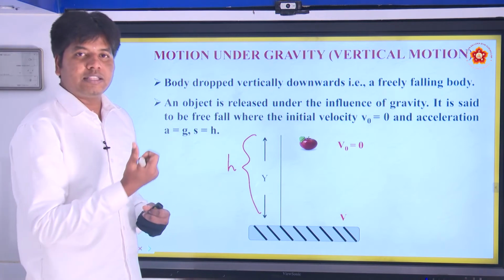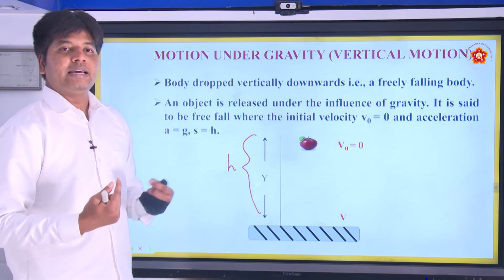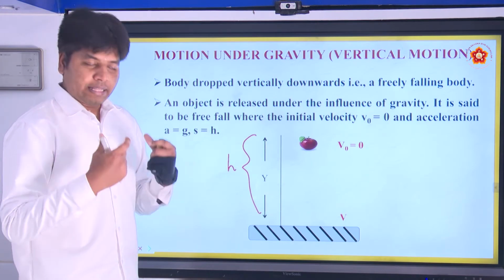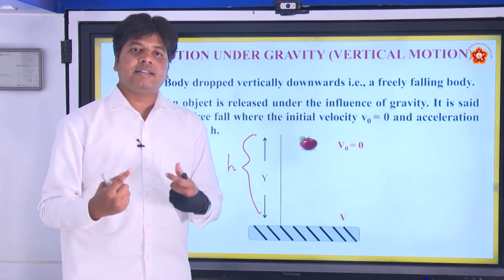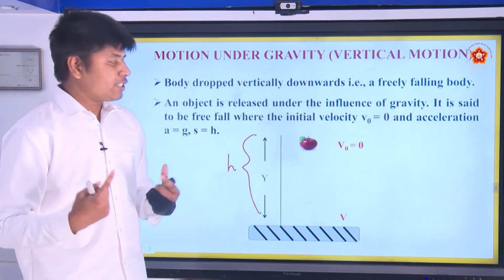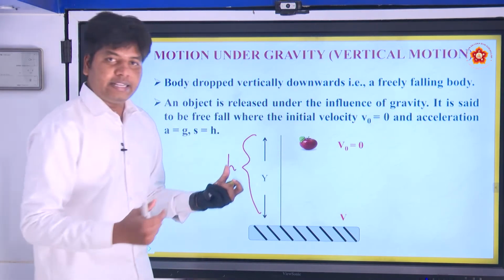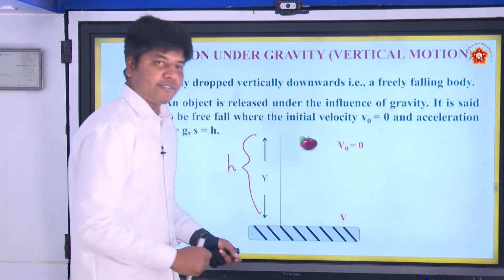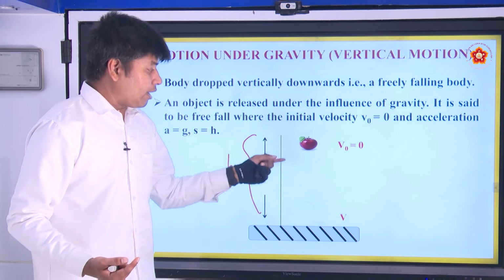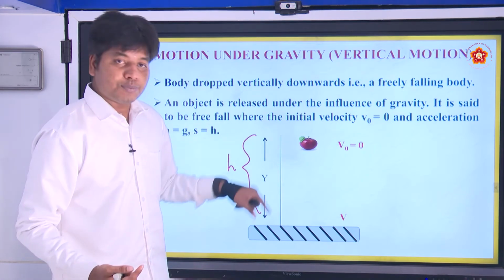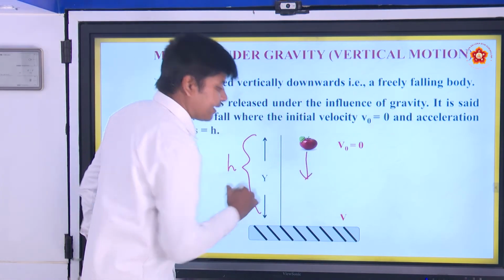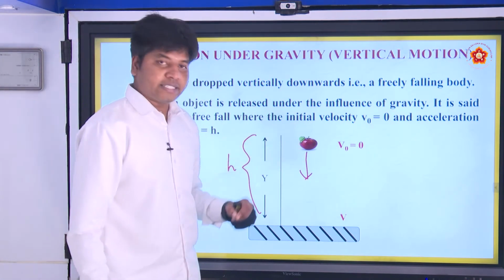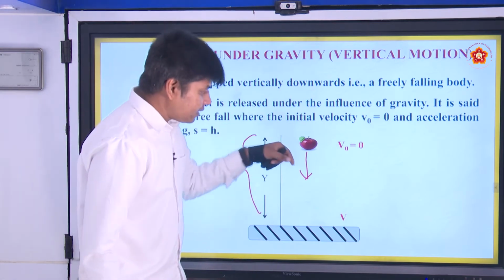because the earth is pulling the body, right? If the earth is pulling the body, the force being exerted on the body is due to gravitational force. We will learn more about force in the next chapter, laws of motion. As far as this body is concerned, it is experiencing a force due to gravity. How is the force acting on this body? In this direction, right? So the body's motion is in this direction and the acceleration is also in this direction.